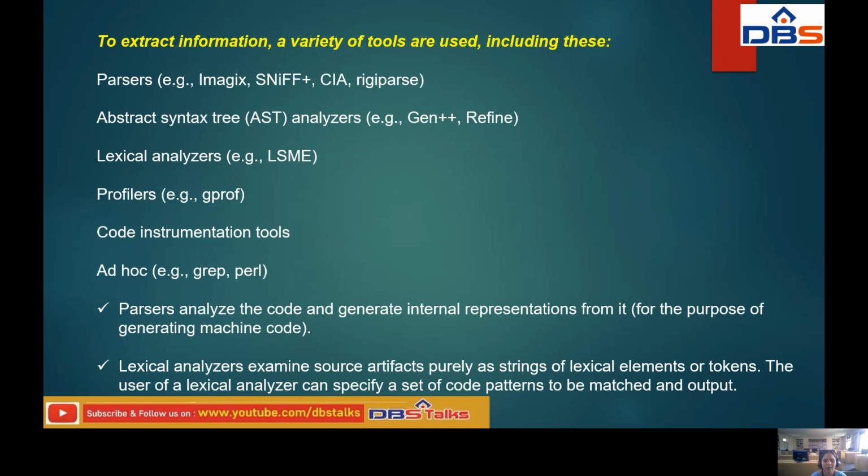Here we are using different types of extraction tools. To extract the information, we use a variety of tools. They are parsers. We already know the importance of parsers and the different types: top down parsers, bottom up parsers, LALR parsers.